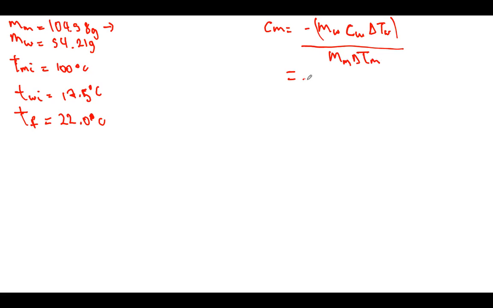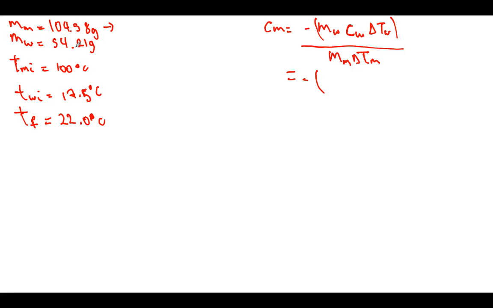Let's start with the mass of the water first. What's the mass of our water? 54.21 grams. So what do we do? We convert this to kilograms.